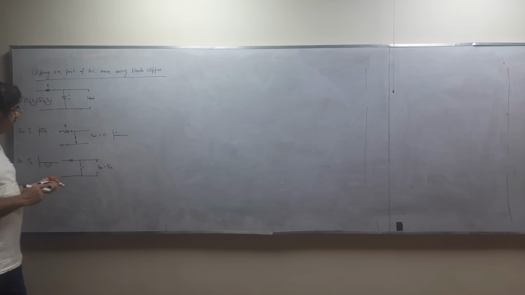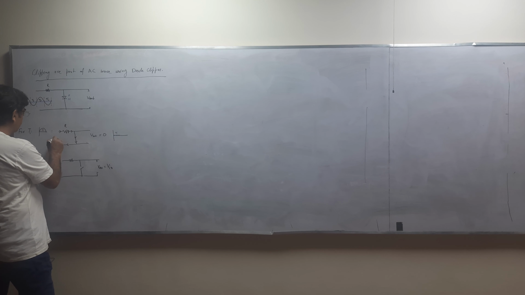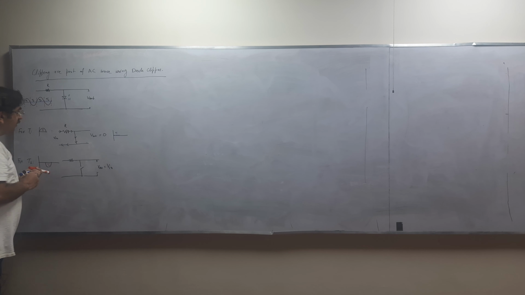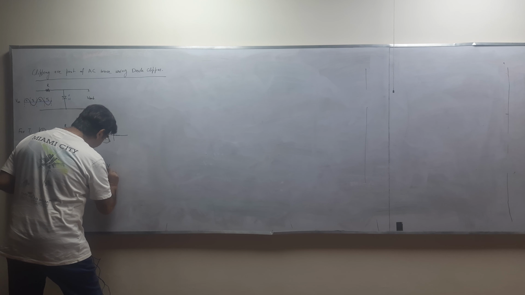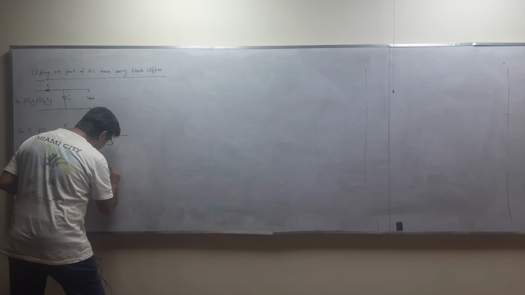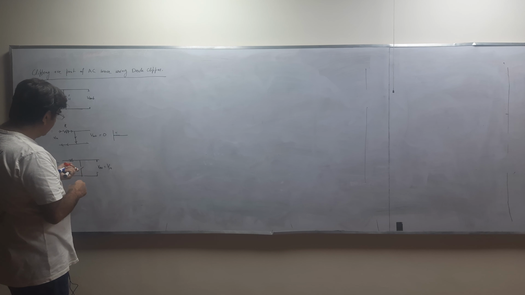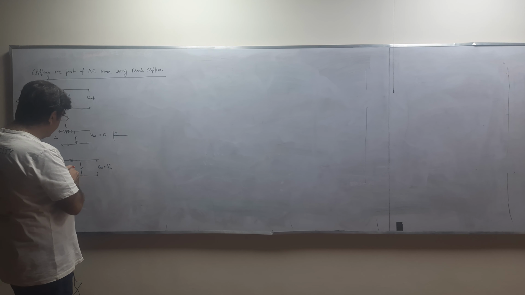What is the shape of the input wave? The same. This is V in. So the output wave will be the same as the incoming wave at T2.